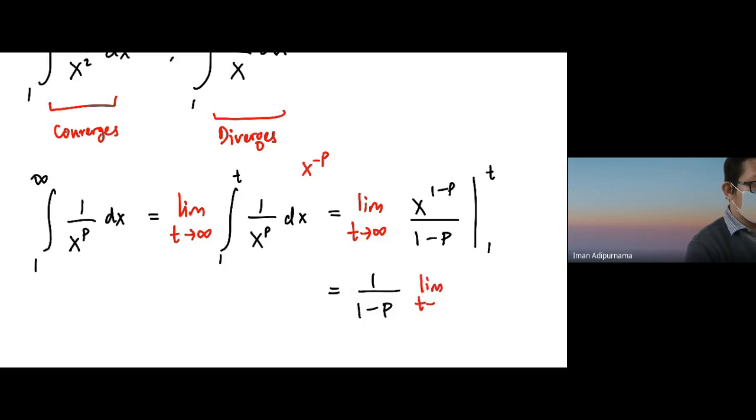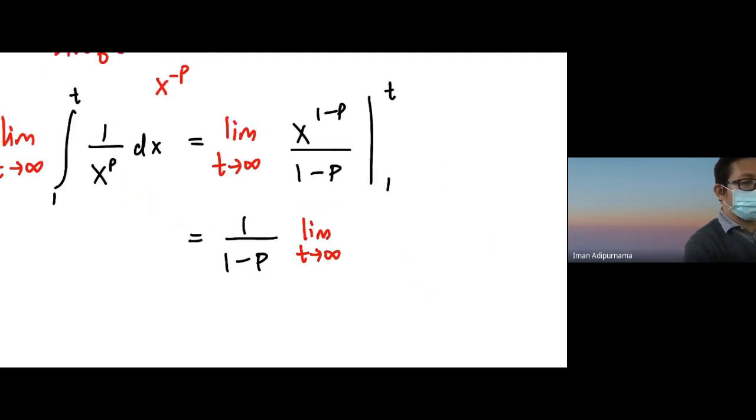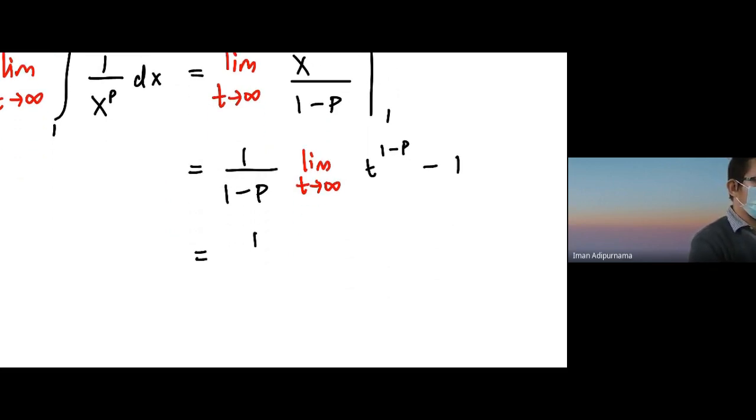This is the limit as t approaches infinity, and we will have t to the 1 minus p minus 1, or we can write this as 1 over t to the p minus 1, right?